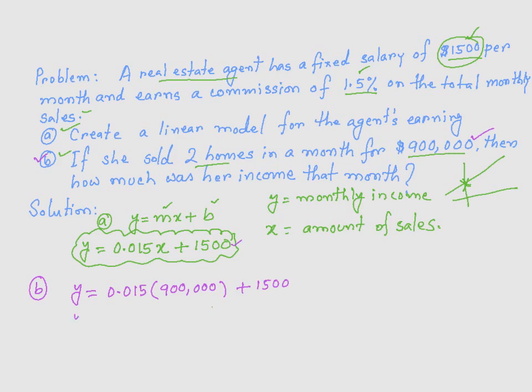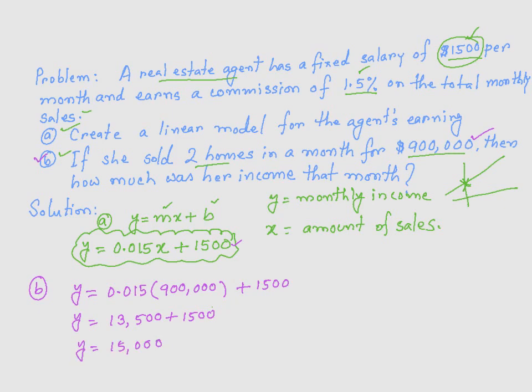Now if we simplify it, we get y is equal to 13,500 plus 1500, which gives me y is equal to 15,000.